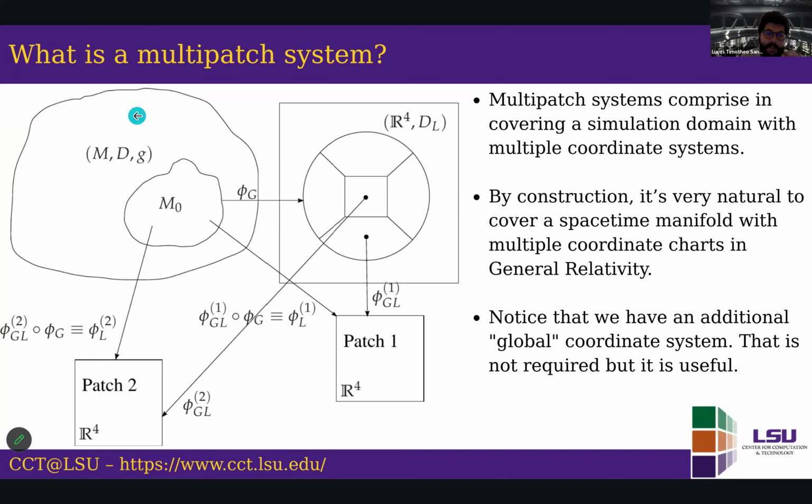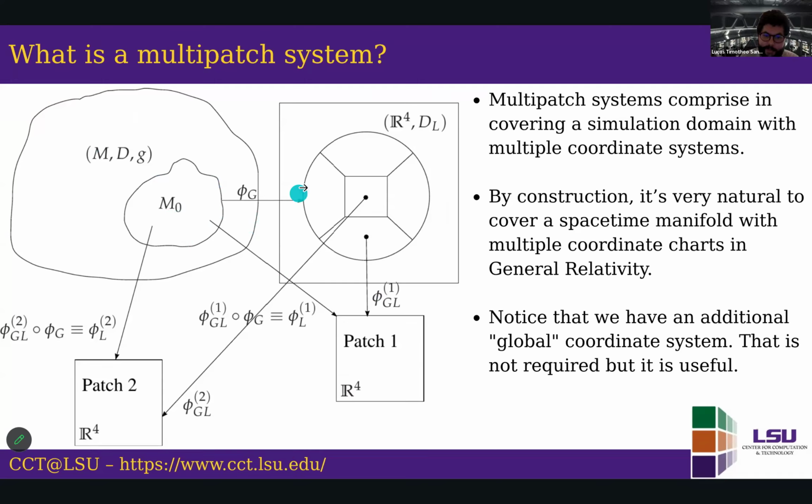So we have the space-time manifold of interest of the problem we want to solve, and we usually simulate in our computers a subdomain, a submanifold of that big manifold. We can cover the submanifold with different coordinate systems. In this chart, what we are trying to show is that you can have some sort of global Cartesian coordinate system covering this submanifold.